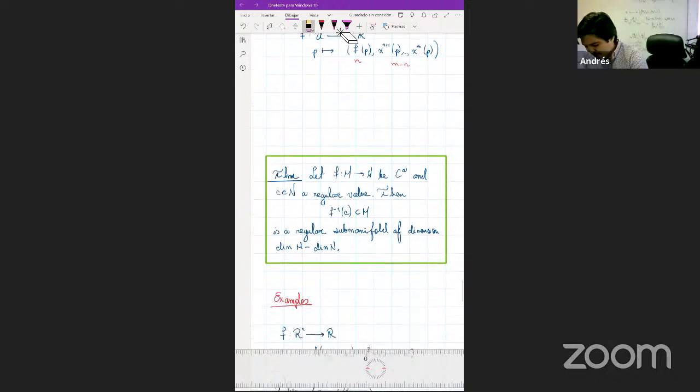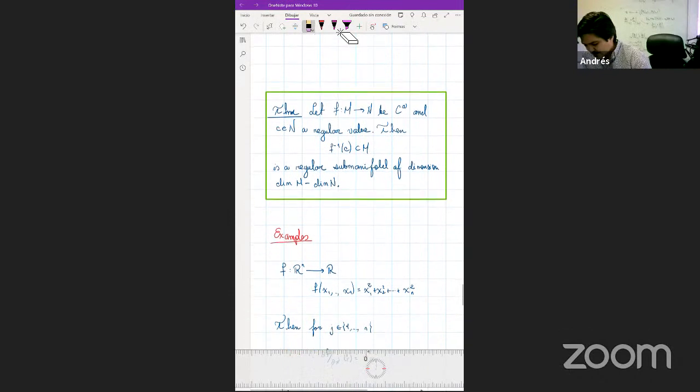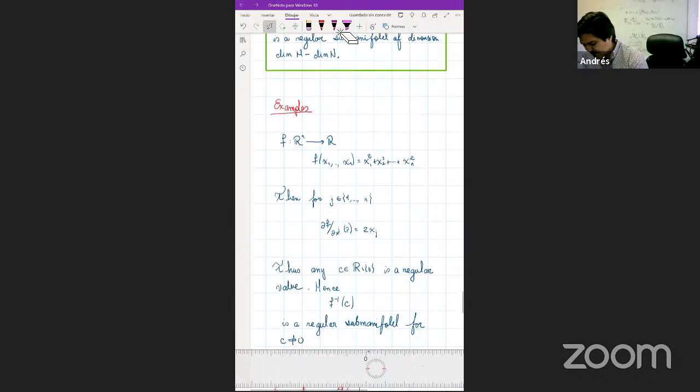For instance, well, let's just finish this one. This is a basic example, something that we have already seen, the sphere. We know that the sphere is a manifold. We have seen that before by using an atlas of two charts.